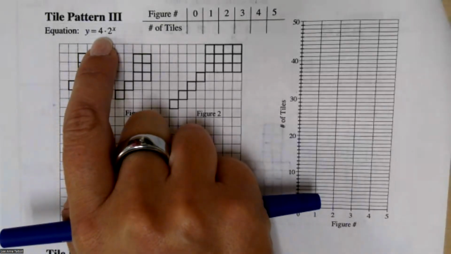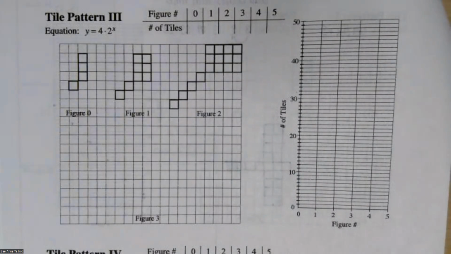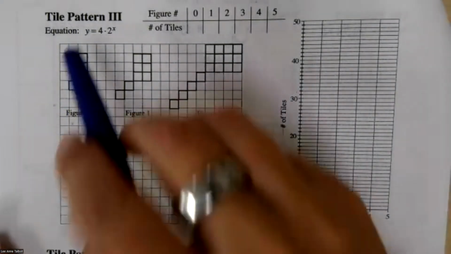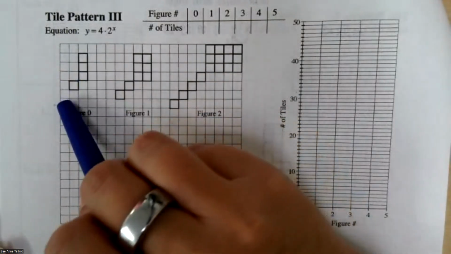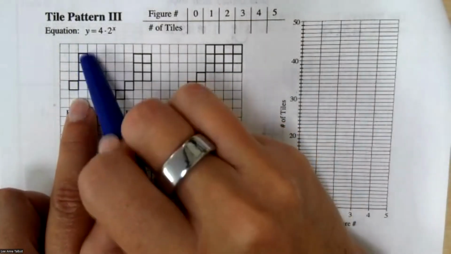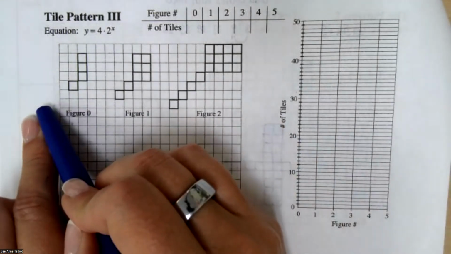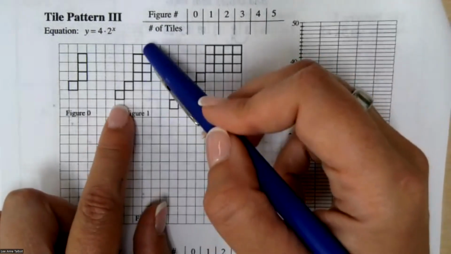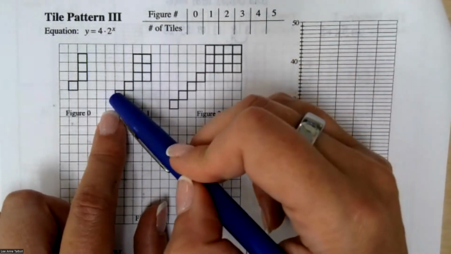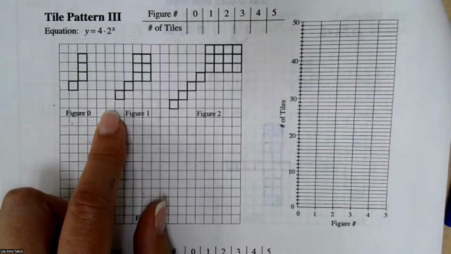Okay, so there's one. They gave us the equation. That's good. That means it's going to be kind of a weird one, though. And notice that figure 0 has these 3, and then it starts to make a tail like a kite over here. I think this one reminds me of a kite. And so this one, it puts 3 new here, and then 1 new one on the tail.